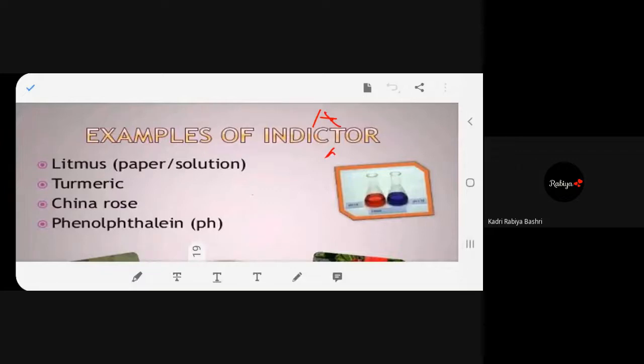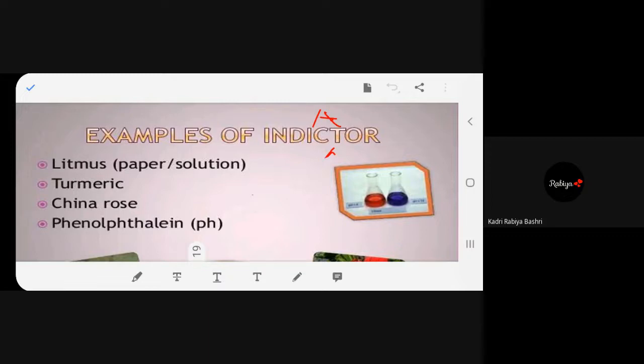Examples of indicator: litmus paper, solution, turmeric, China rose, and phenolphthalein.